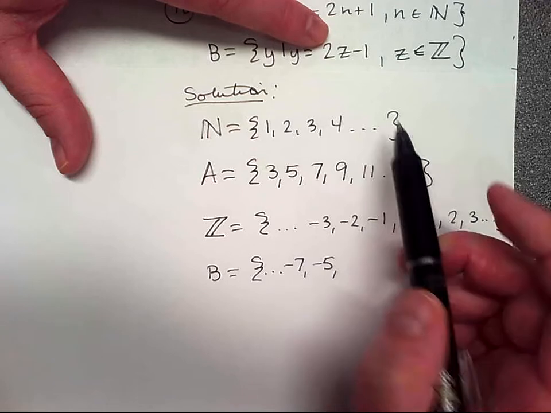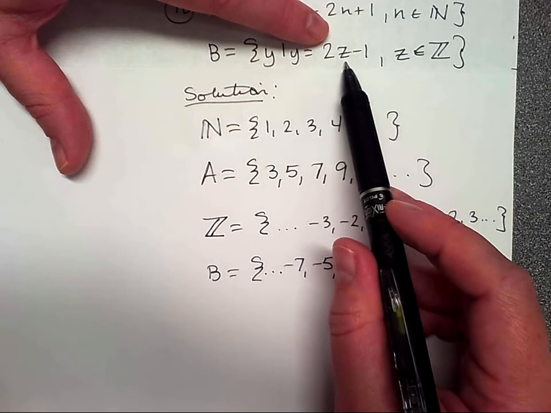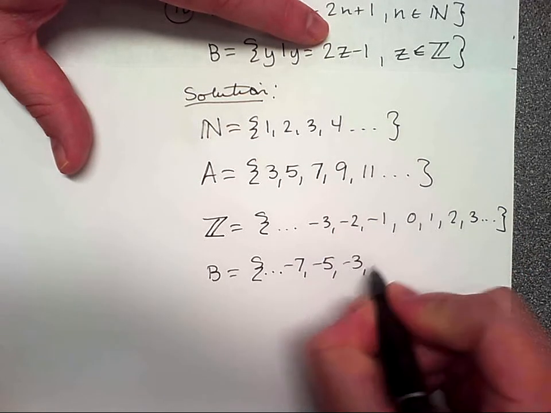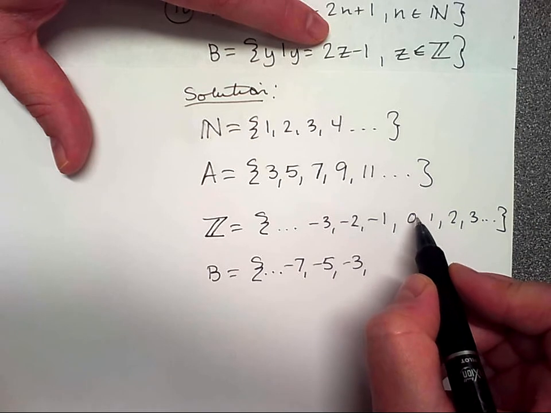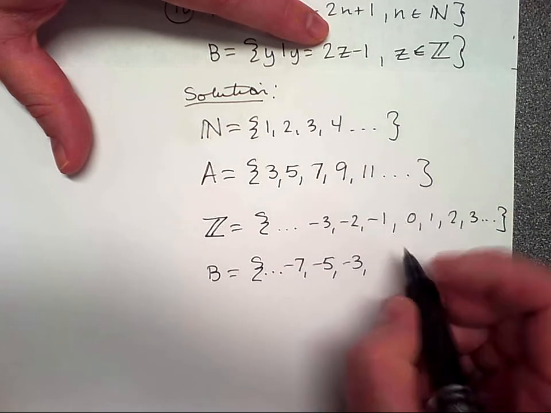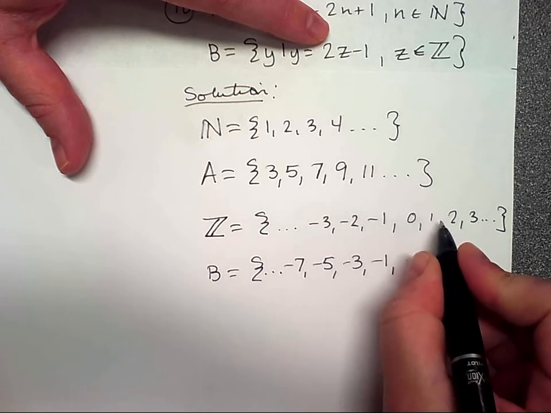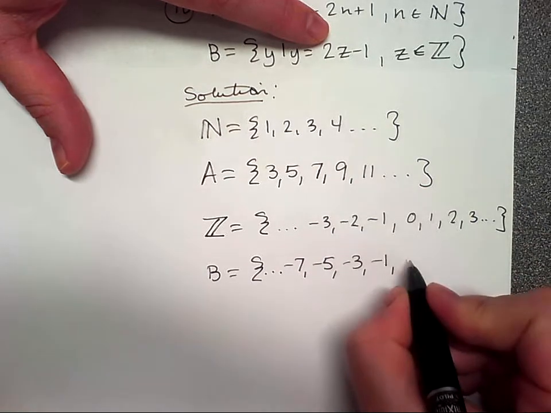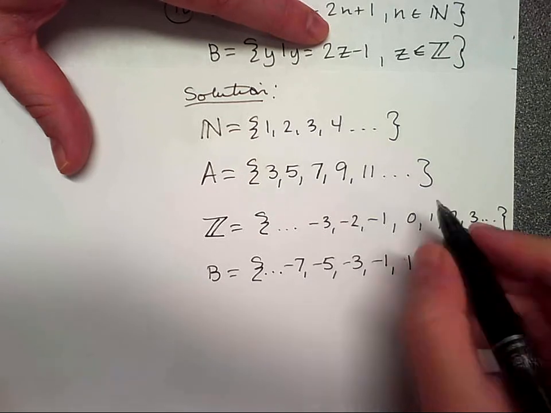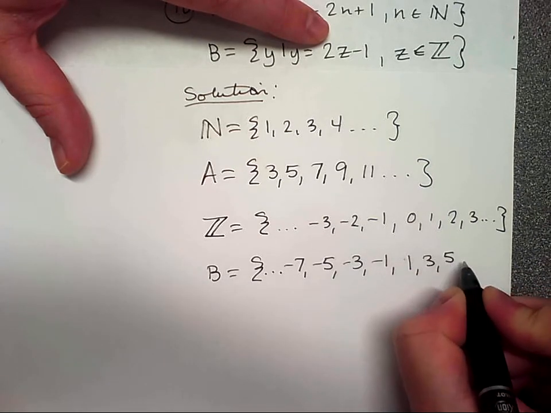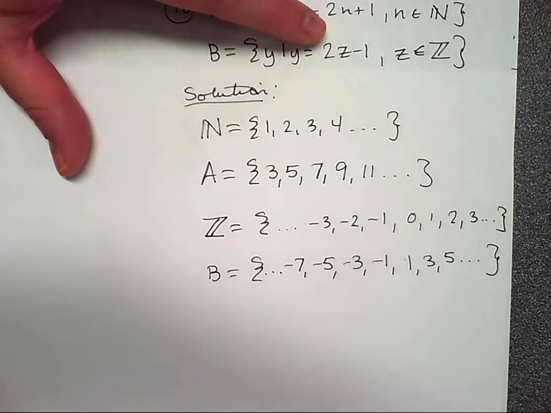Plug -1 in. 2 times -1 is -2, minus 1 is -3. 0 times 2 is 0, minus 1 is -1. Plug 1 in, I get 2 times 1 is 2, minus 1 is 1. Then what's next? 3, 5, 7, dot, dot, dot, right?